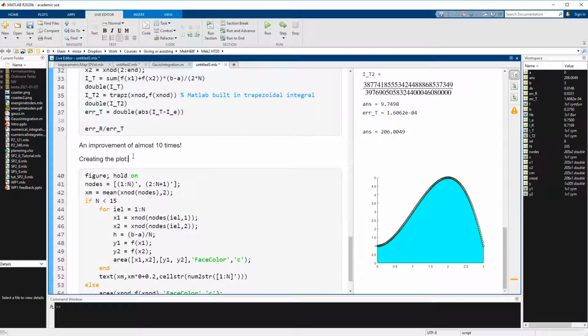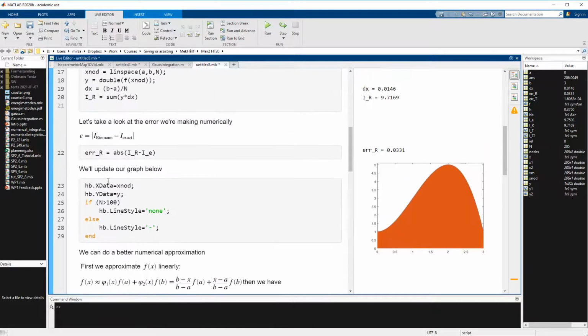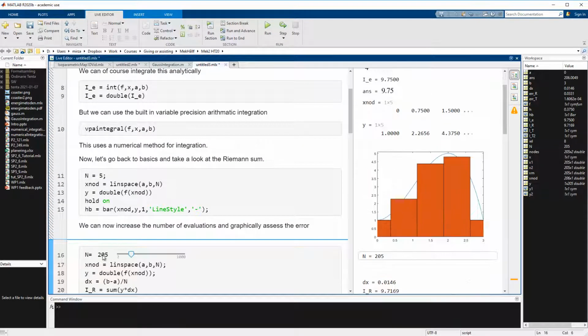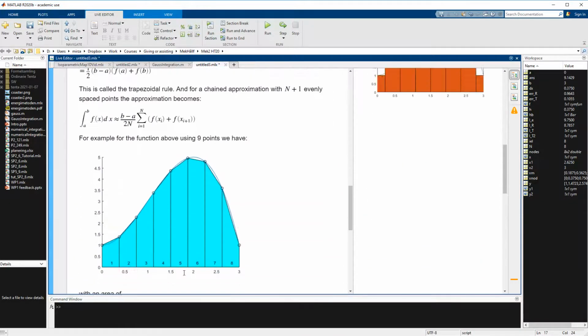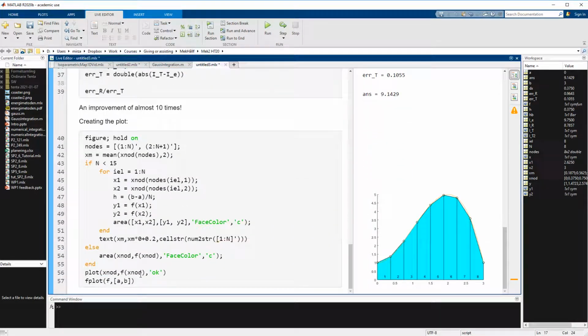So it's quite a good method, or I should say the Riemann approximation is quite bad. It's just academic for learning the second fundamental theorem of calculus, and really not useful for anything else. All right, cool.